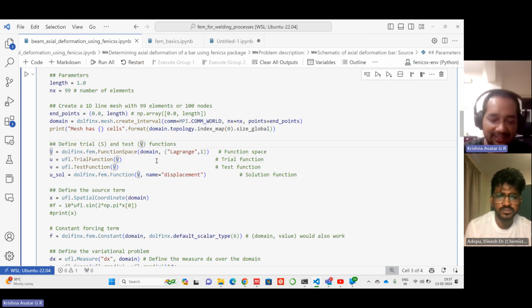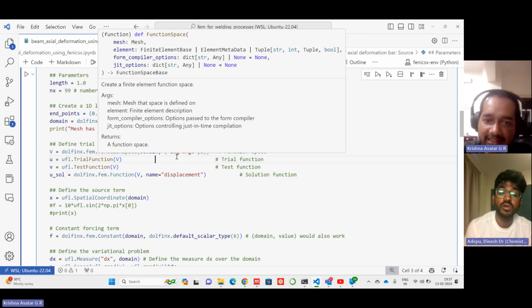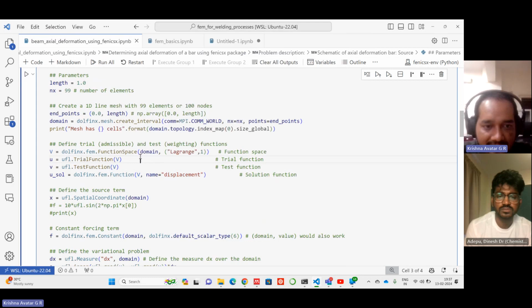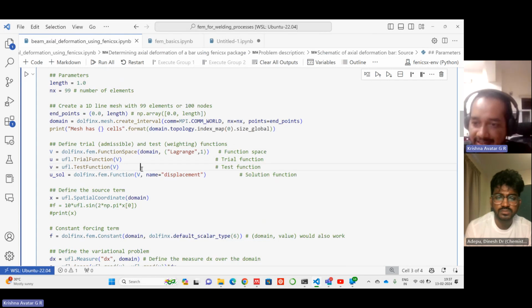I think I'll note this better, because it will just create confusion. Here we always define a function space over the entire domain, and this is actually a more intuitive way, because we always define the function space based on the discretization.